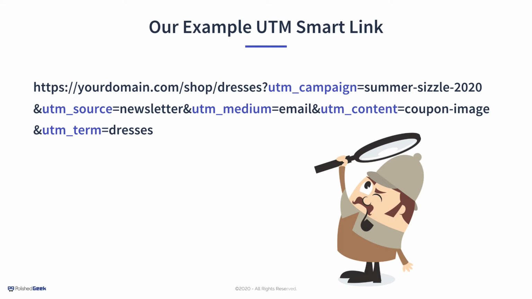Maybe they reacted better to that than to evening wear or something like that. So this is how the link looks when you pull it all together. It doesn't matter what order you put these UTMs in as long as they're there. You can move them around. I tend to put them in the order of the hierarchy like the diagram I showed you, but you don't have to. As long as they're there, Google will pick them up and pull them into your analytics.